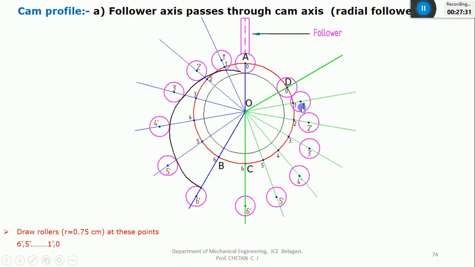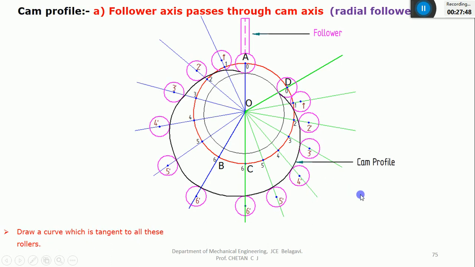Okay. I'll draw one more circle at this point also because I need to end this cam profile on this base circle. Now again I'll continue this curve, this black color cam profile, in such a way that the curve will be tangent to these circles also, these pink color circles, like this.